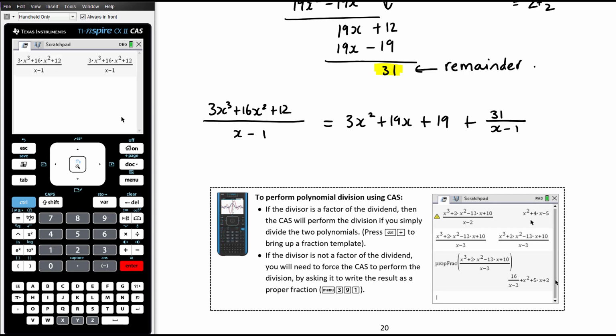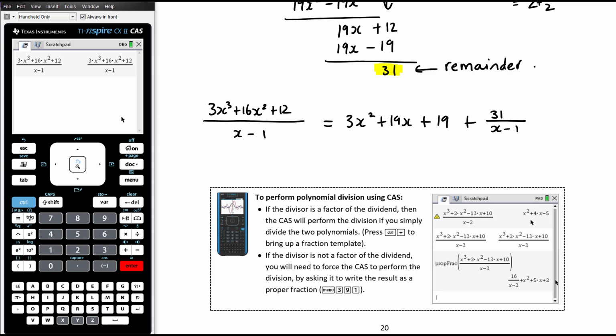If we just press enter, it won't do anything, okay, because it doesn't go whole. If x minus 1 was a factor and it did divide in, then it would do the division. The issue here is because this doesn't actually divide, it leaves a remainder, and so it just leaves it as essentially an improper fraction. So a top-heavy fraction, a cubic on top of a linear function.